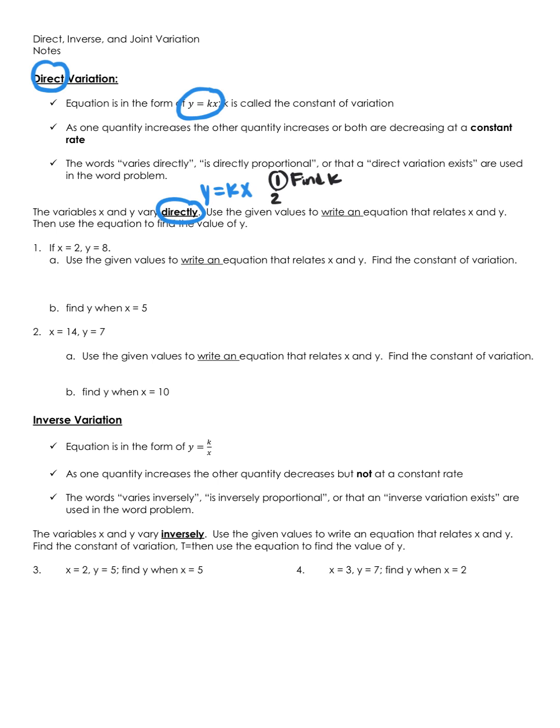And then once we find k, we will use that k to write an equation. So this guy here says to write an equation, right? So before you write the equation, you're going to have to find k.